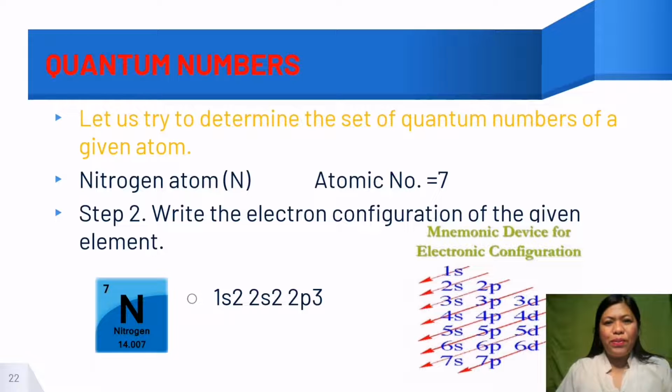Step 2. Write the electron configuration of the given element. Because nitrogen has an atomic number of 7, its electron configuration is 1s2, 2s2, and 2p3. Just like what we said in our past lesson, the sum of the superscripts must be equal to the atomic number of nitrogen.